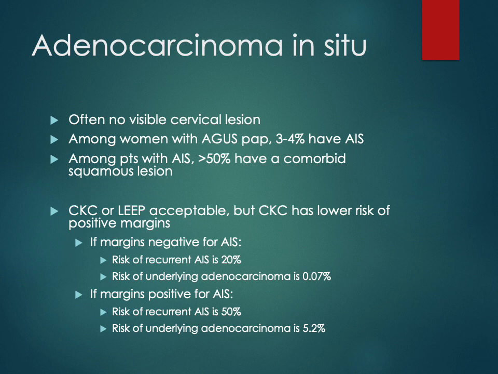If margins are positive for AIS, the risk of recurrence is 50%, and the risk of underlying adenocarcinoma is about 5%. So this is why often women with positive margins for AIS at the time of a cold knife cone will undergo a re-excision.